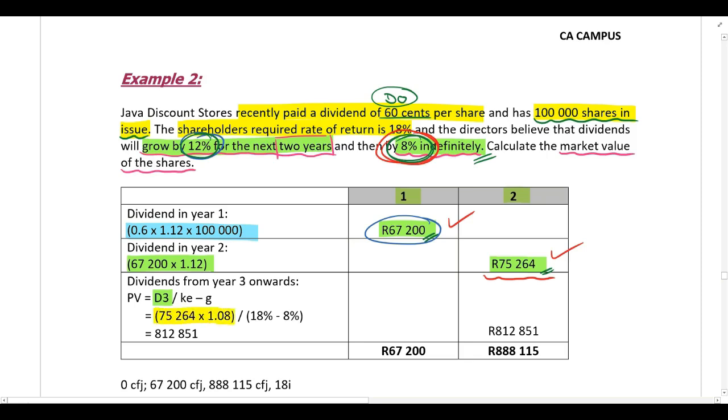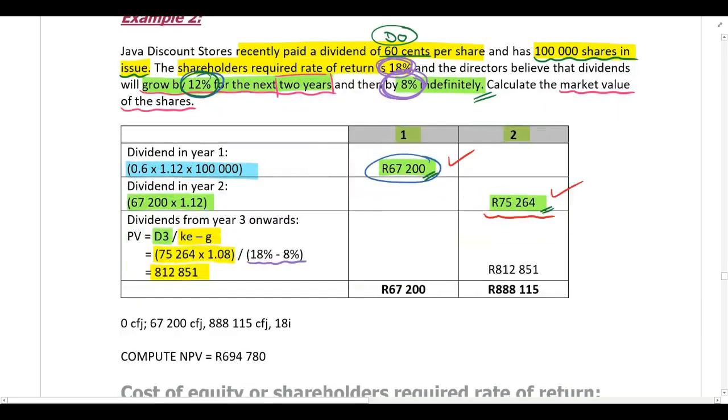We then divide by our cost of equity less growth. The cost of equity in this question is 18%, and my growth in perpetuity is 8%. And that gives me a value of 812,851.